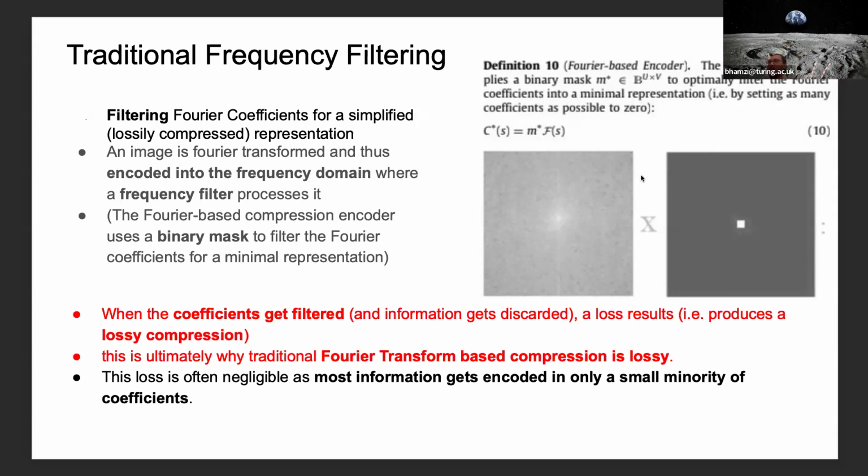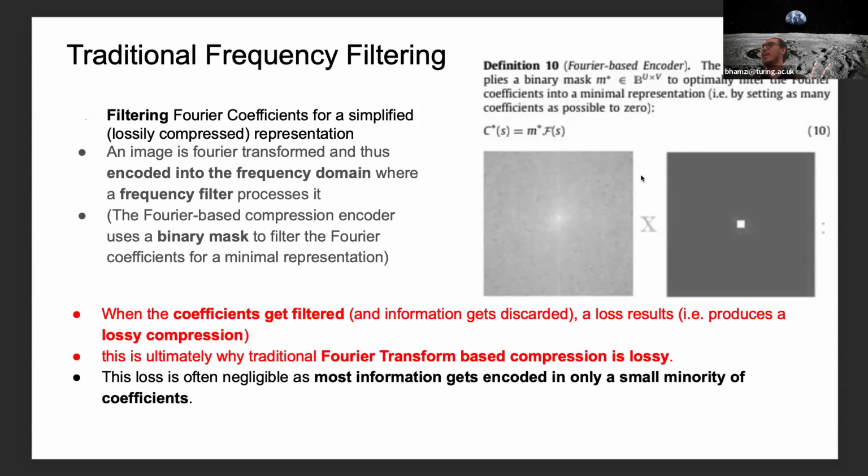And the thing to observe about the coefficients is that the majority of the useful information gets encoded in only a small minority of the coefficients, so a lot of them can be discarded in this way without a noticeable difference in the quality. But that's just something to note.